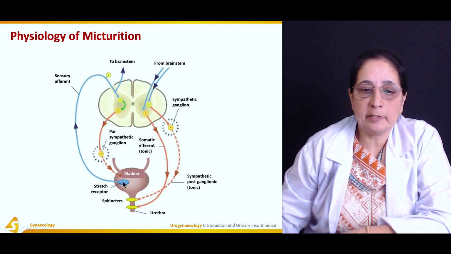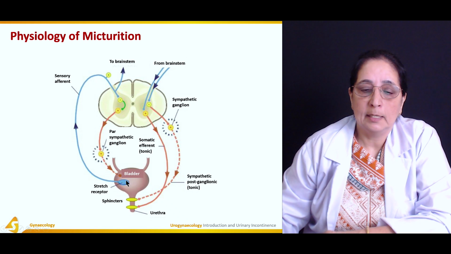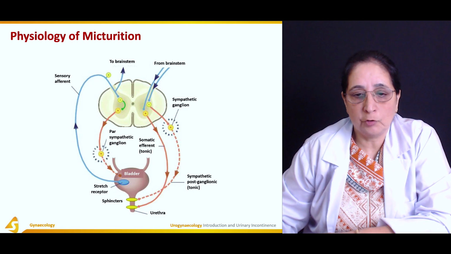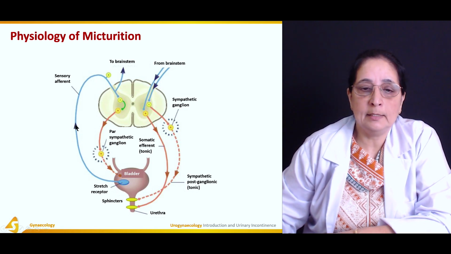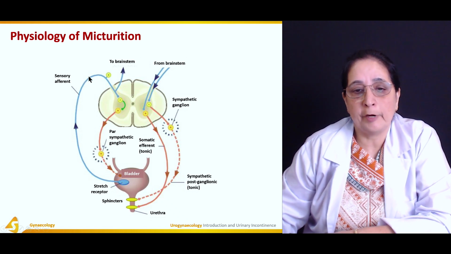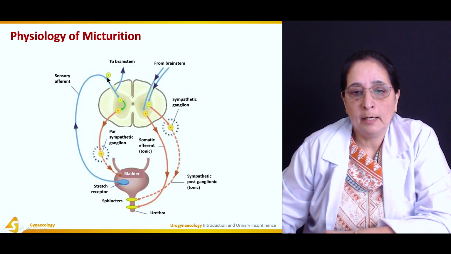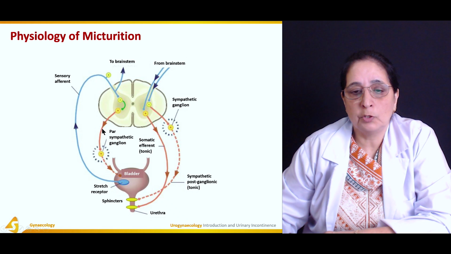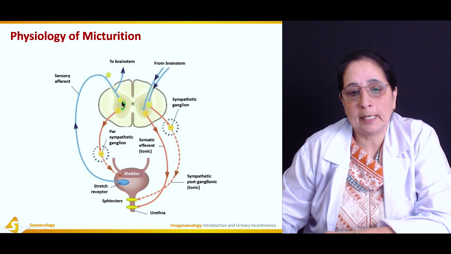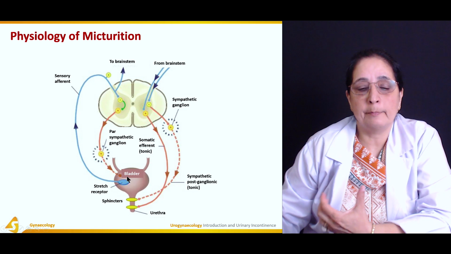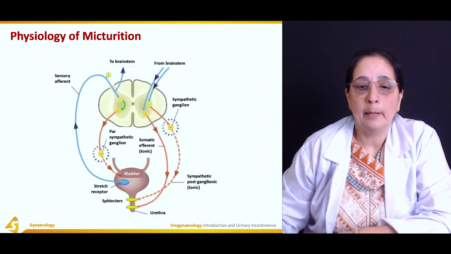Once the stretch receptors in the bladder stretch as a result of contraction of the detrusor muscle, they carry the sensation through sensory afferent nerves to the brain stem here, and then from the brain stem it goes to the parasympathetic ganglion, which carries the information to the bladder and leads to the emptying and contraction of the bladder.